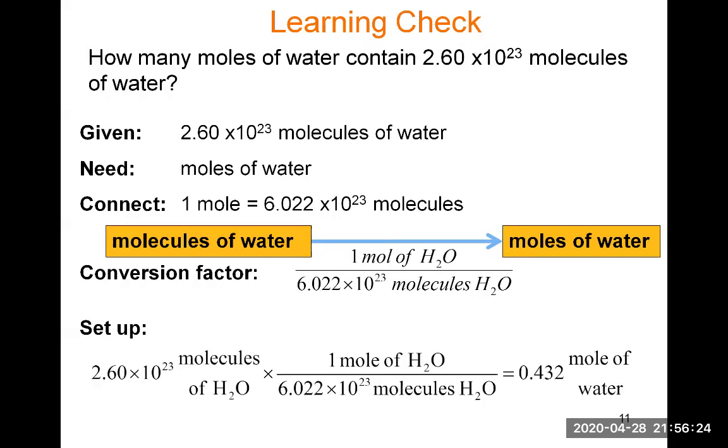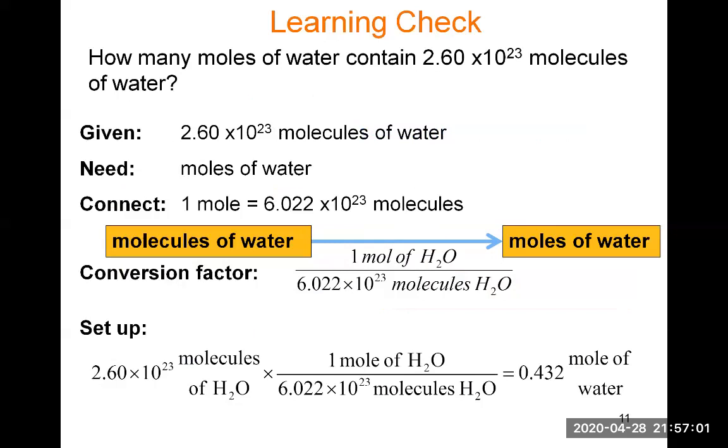So if we write the setup, it's 2.60 times 10 to the 23rd molecules of water. And remember how the given amount is always in the numerator. It's what you start your calculation with. And you multiply by the conversion factor, and the conversion factor is such that molecules of water are cancelled. The units are cancelled, and so we are left with moles of water at the end, and it's the desired unit.